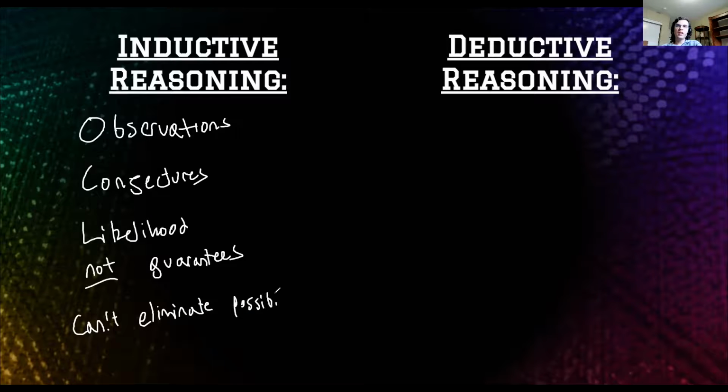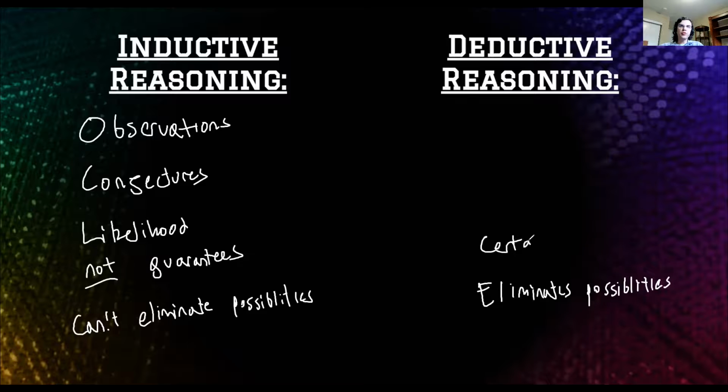And now you can kind of see that if these things are true for inductive reasoning, we already know that some differences are going to be implied by the ones we have here. So deductive reasoning eliminates possibilities, it provides us certain truths, and it does not use conjectures, it reaches conclusions, and it's based on facts or statements.